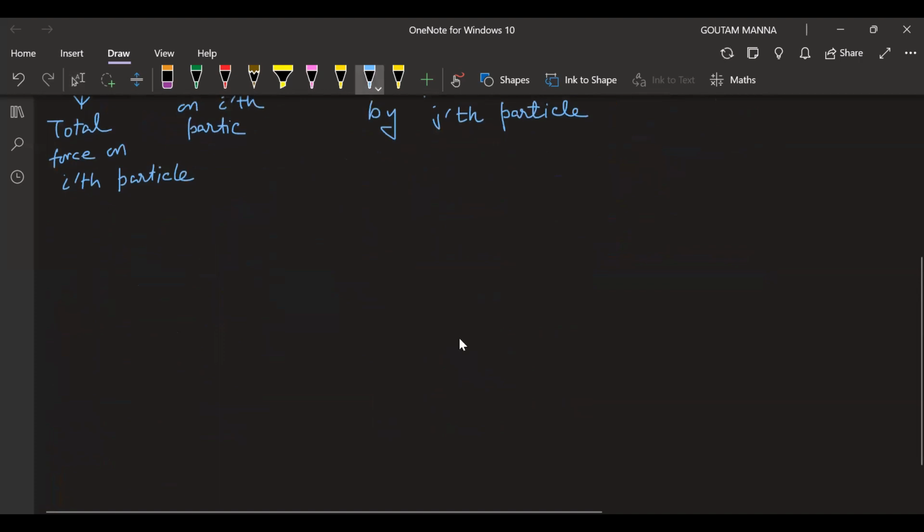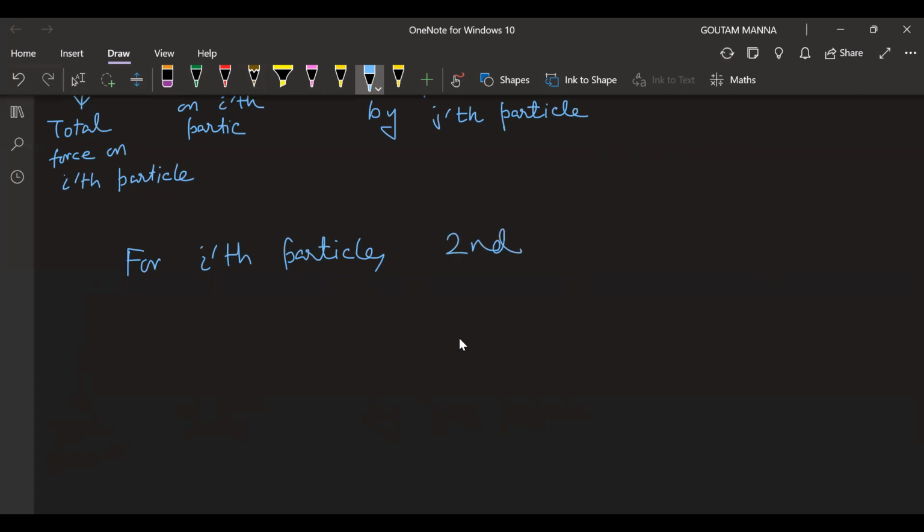Now, for each particle, or let's say for the ith particle, Newton's second law of motion is the mass times acceleration. So m_i times d2 r_i by dt2.